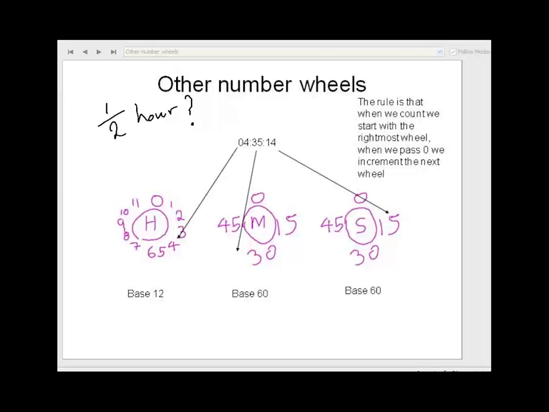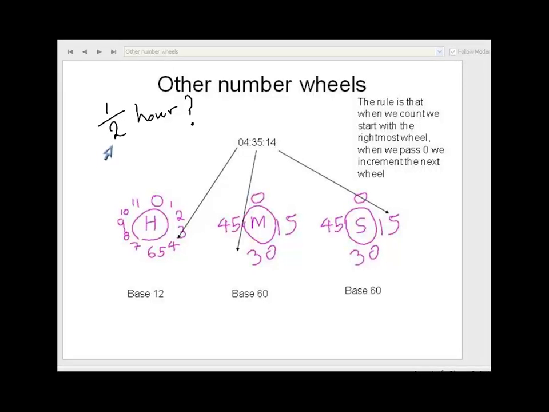Now, most of you, I'm sure all of you, can do that. What you're doing there is you're actually converting from one base to another. Half an hour is in base 10.